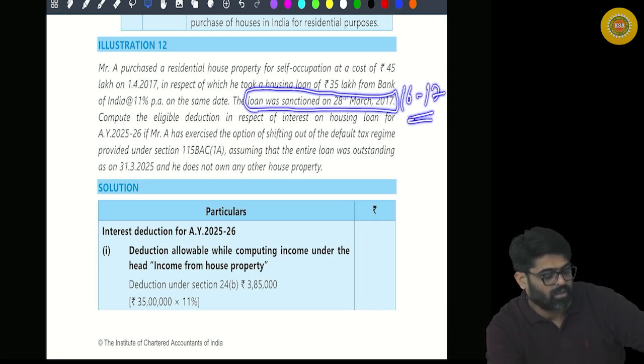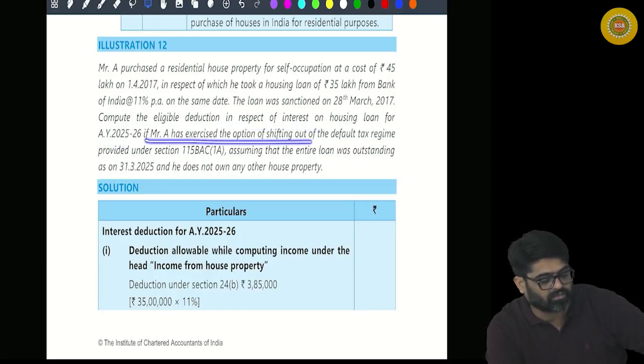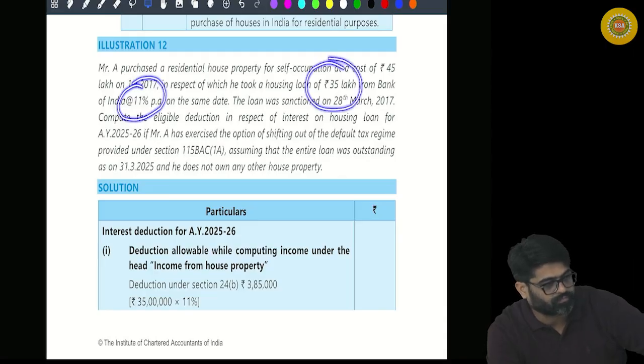Yes or no? Compute the eligible deduction in respect of interest on housing loan for 2025-26 if Mr. A has exercised the option of shifting out, assuming that the entire loan was outstanding as on 31st March 2025 and he does not own any other house property. Can you calculate? So what will be 11% of 35 lakhs?